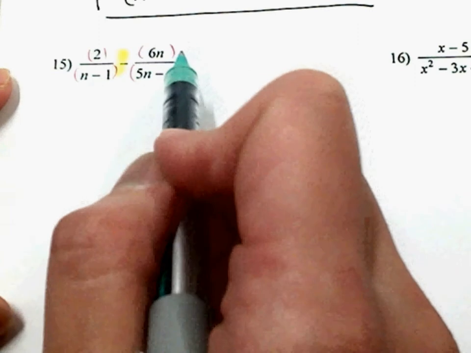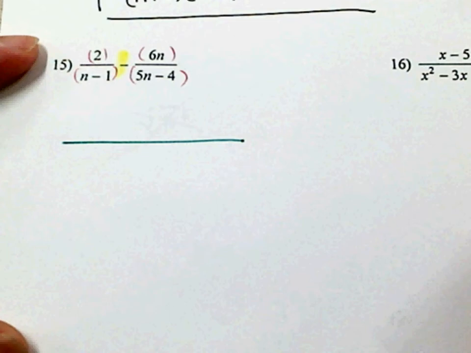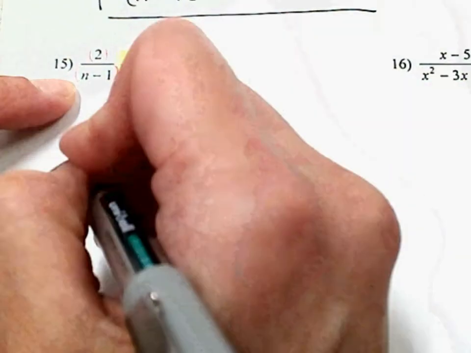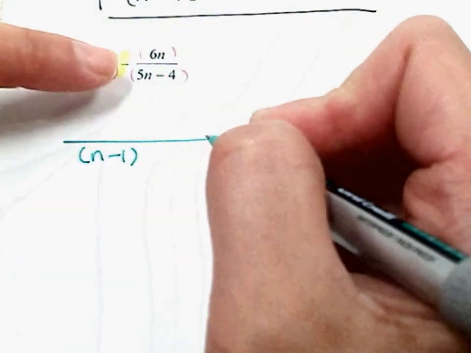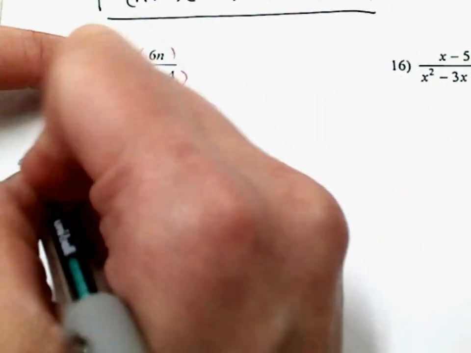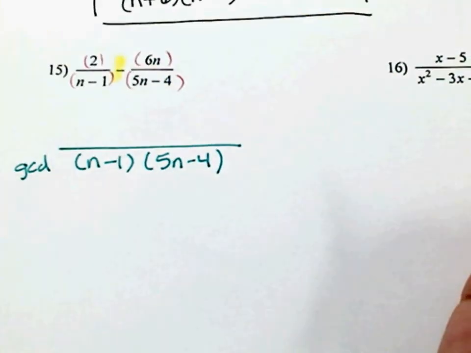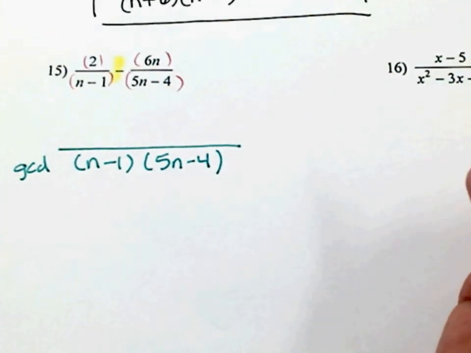No. Draw your line. Write your first set, n minus 1. Is 5n minus 4 written down for the GCD? Nope, so you need to write that one. Just like that. You guys starting to see how you're doing the same thing every time? Okay? It's like a little crisscross.